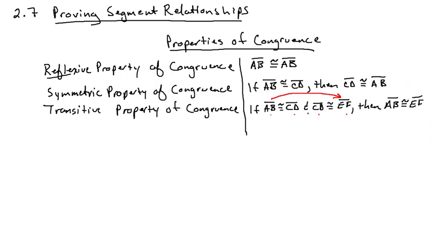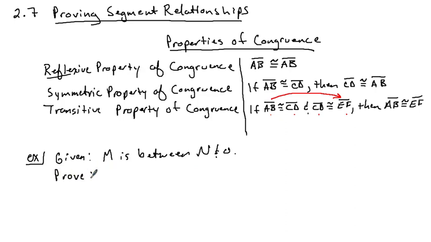So let's do a quick example utilizing one of these. So we're going to start with given that M is between N and O. Prove that x equals 5.